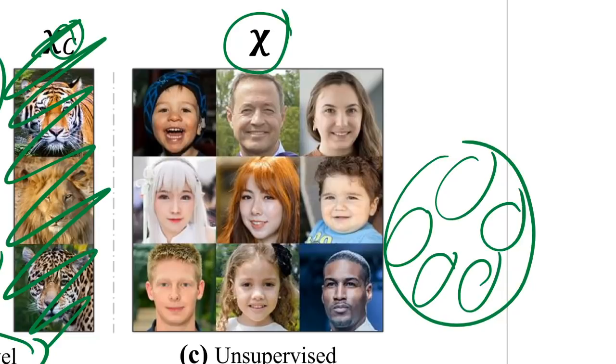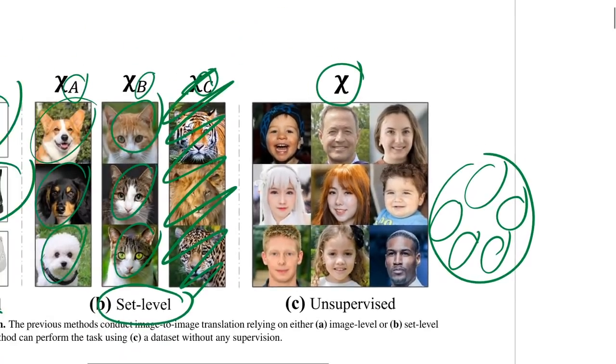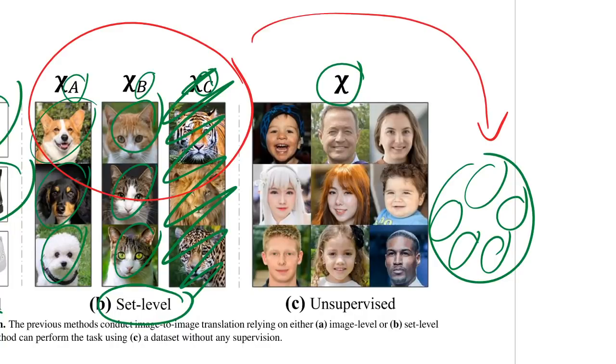But if you knew what it was, then you could simply apply methods from here to the data set and you'd be done. Now, their paper shows that if you apply something like a self-clustering approach, and we've seen these approaches before in the paper about learning to classify images without labels, you can do a self-clustering approach on this dataset X right here, and then you could learn your image-to-image translation.